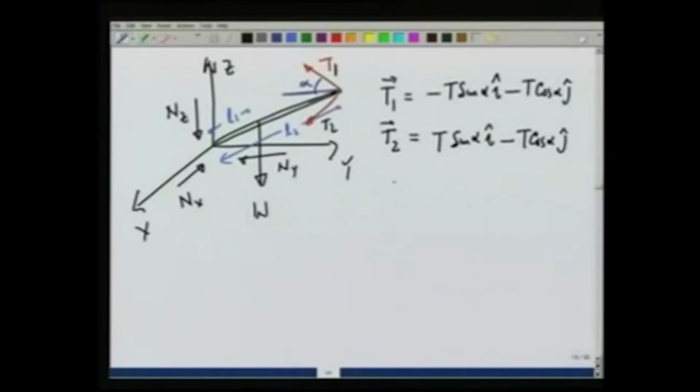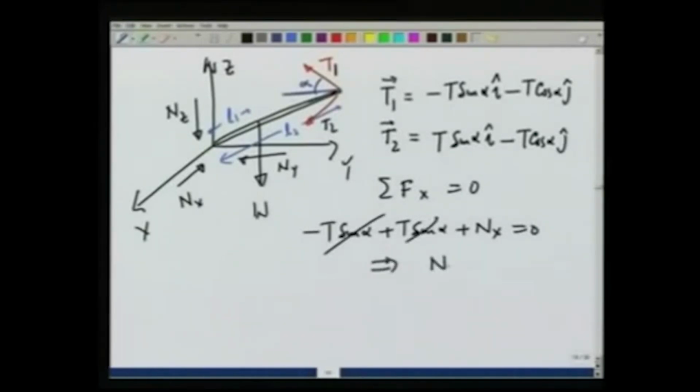The weight acts in the vertical direction. So, summation Fx is equal to 0 gives me minus T sin alpha plus T sin alpha plus Nx is equal to 0, or this implies, this cancels, that Nx, the normal reaction in x direction is 0.